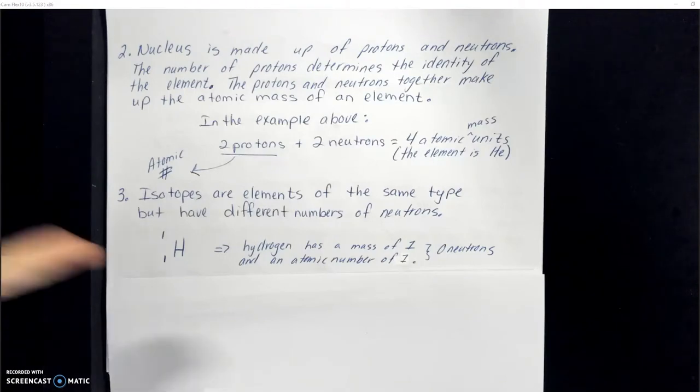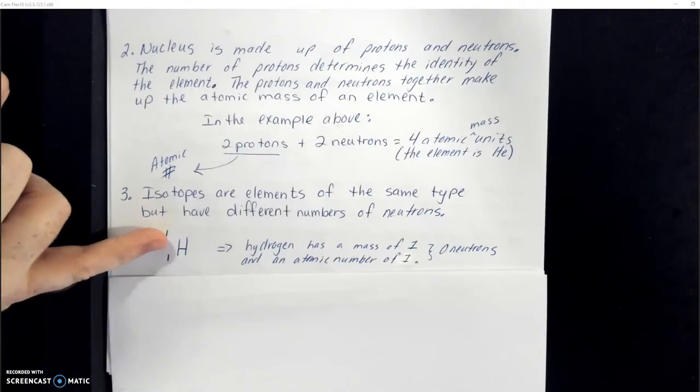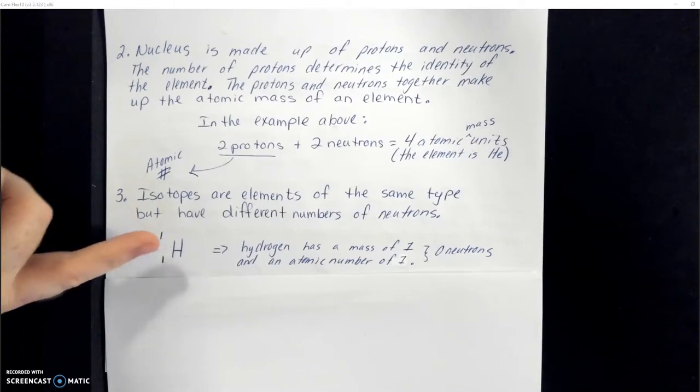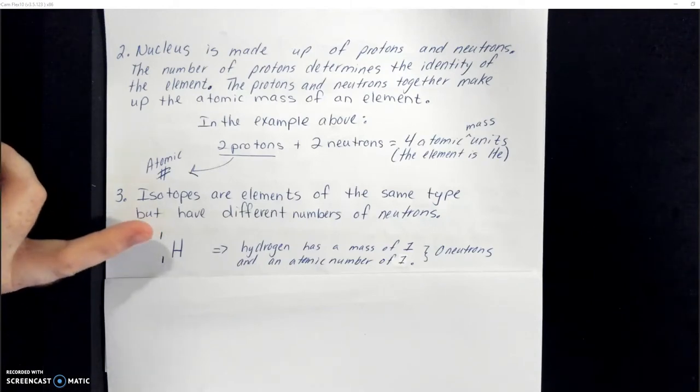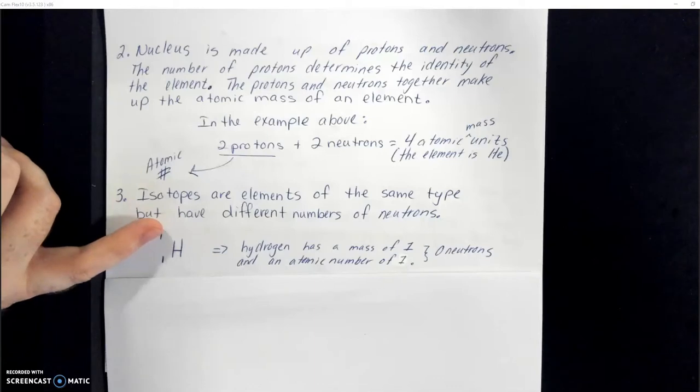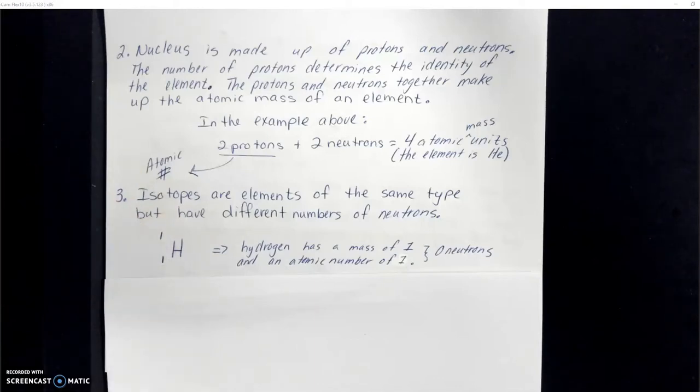So let's take regular old hydrogen, the hydrogen that we know that occurs, I should say, mostly in the environment, the most abundant form. Hydrogen traditionally has a mass of 1, and this top number right here represents the mass. It always has an atomic number of 1. That will never change for hydrogen.